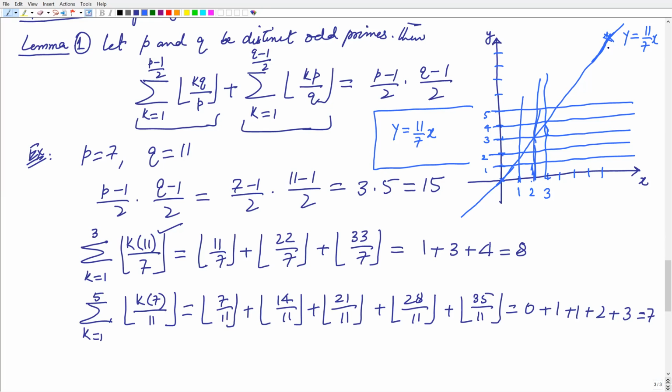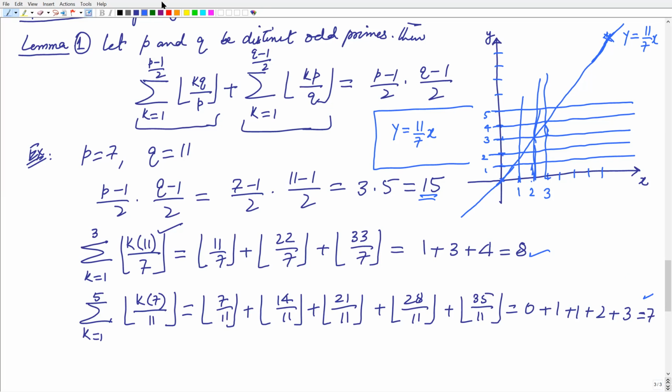Okay, so this line divides them into two parts. 3 times 5 is 15 here. So this line divides all the integer lattice points into two parts. One part is 8 and the other part is 7.